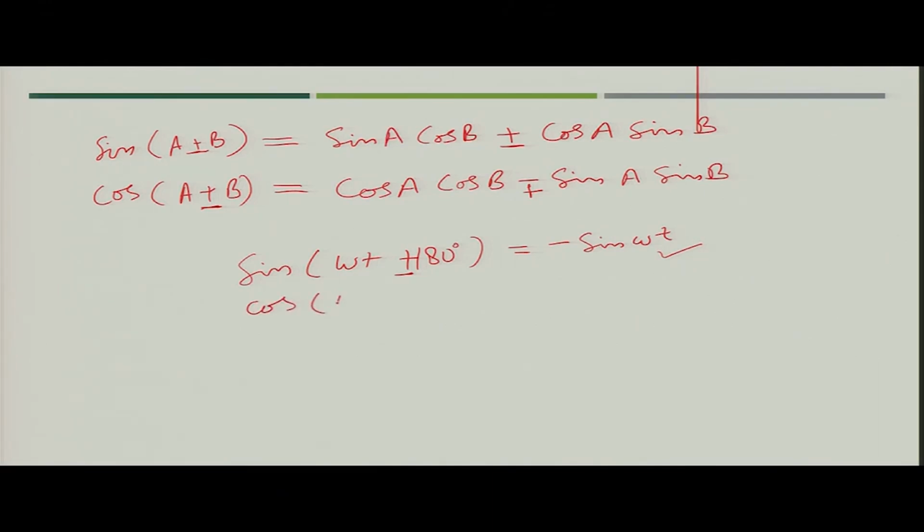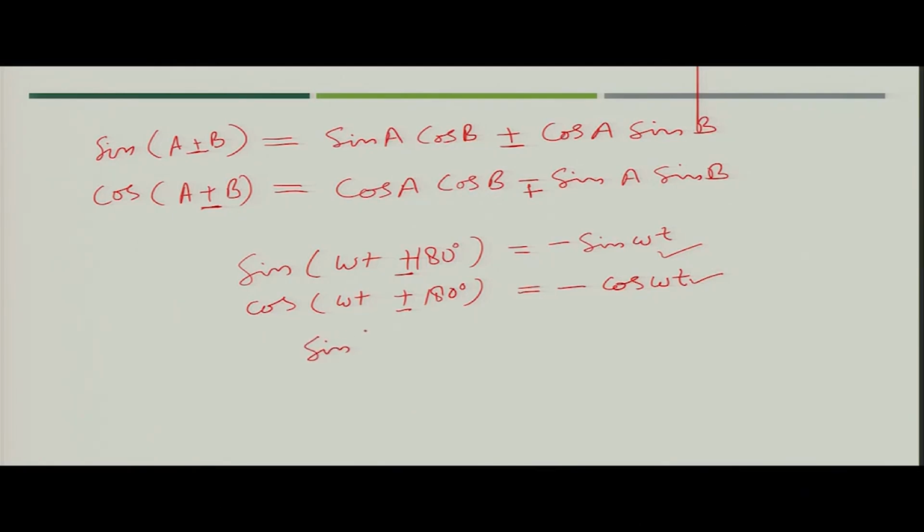Now, what is cos(omega t plus 180 degrees)? That is again minus cos omega t. Here also, if you are asked to find the value of cos(omega t minus 180), the output will remain the same.